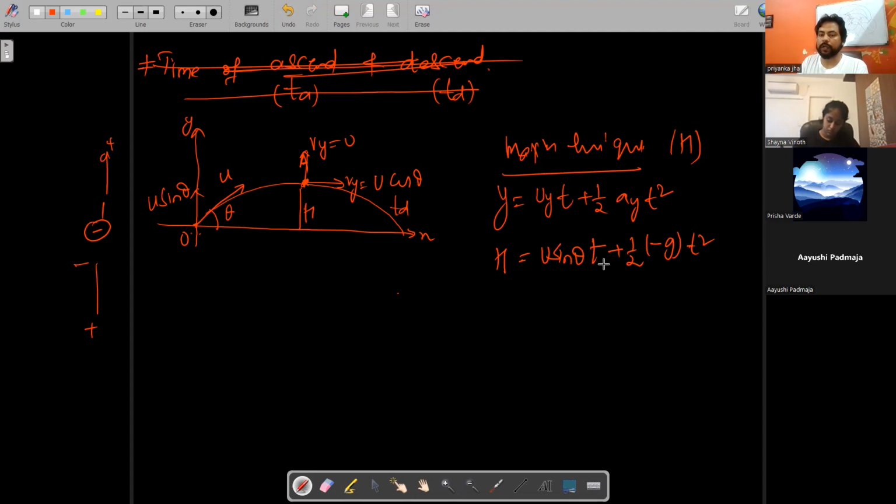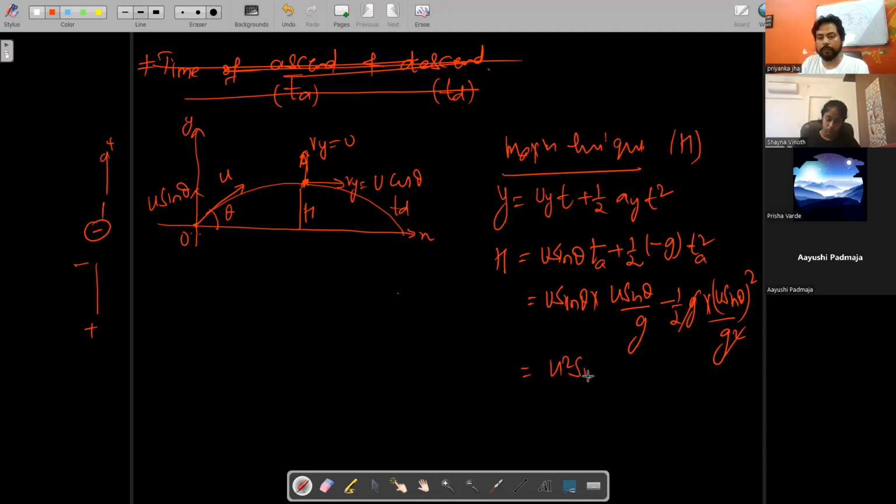Now this t is the time of ascent, Ta. You can put the value of time of ascent, that is u sin theta upon g, if you remember. And if you don't remember, I'll tell you another way. u sin theta whole square upon g squared. This gone, this gone.